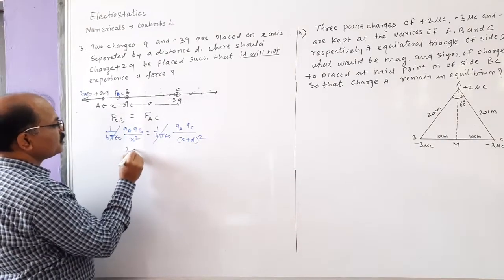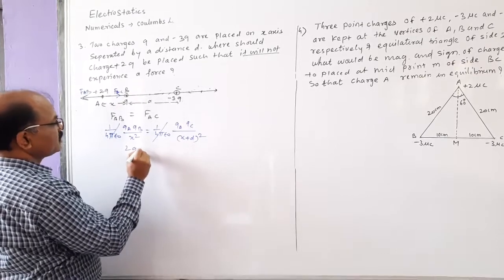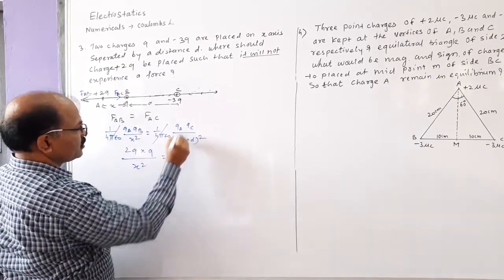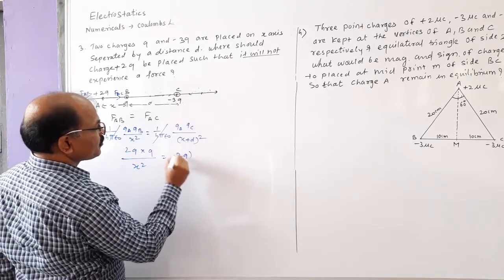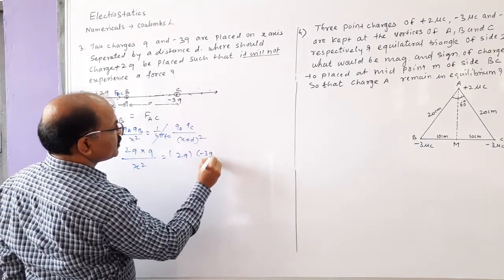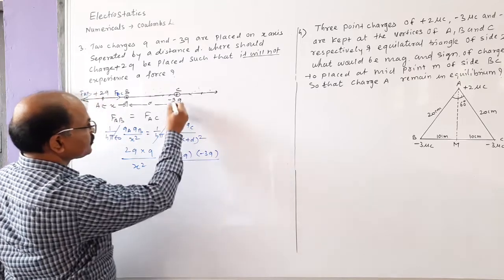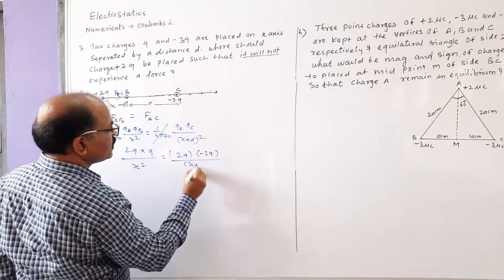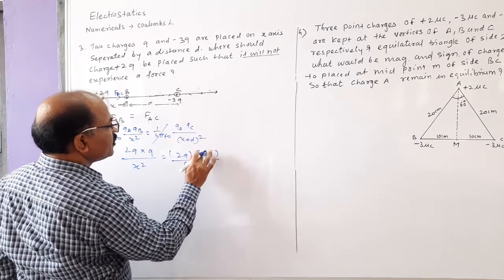QA कितना है, 2q, QB कितना है, this is the q, divided by x square, equal to QA कितना है, 2q, QC कितना है, minus 3q, divided by x plus d का square.